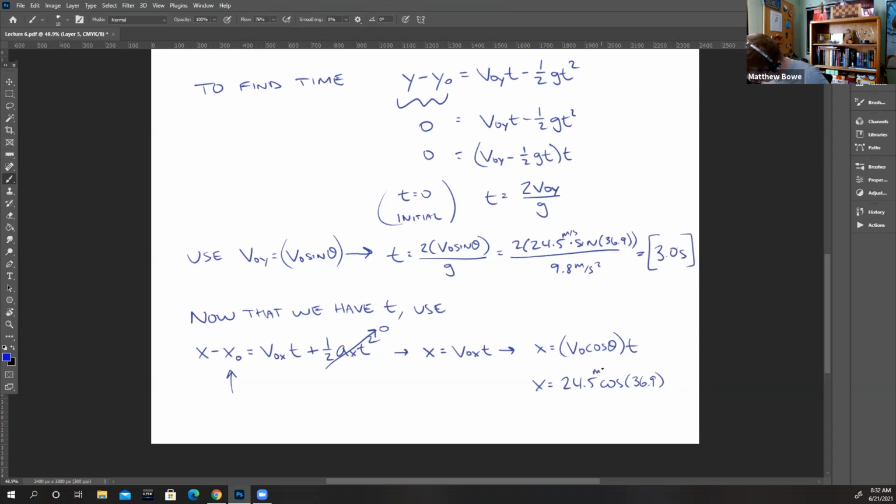I should put units in here too, so that's meters per second. And all of that is multiplied by 3.0 seconds. At the very end, we get that this person tossed their graduation cap 58.8 meters, which is insanely good for someone to toss a graduation cap, you know, its size and shape like that.